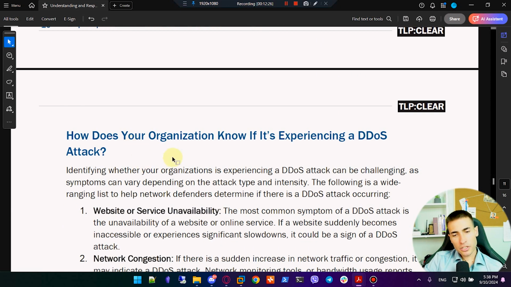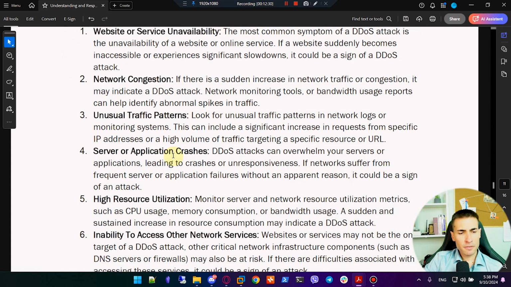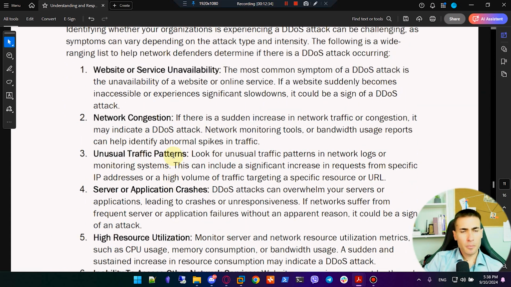How does your organization know if it is experiencing a DDoS attack? So they have given a lot of examples, but generally we can summarize it with the following couple of examples, right?